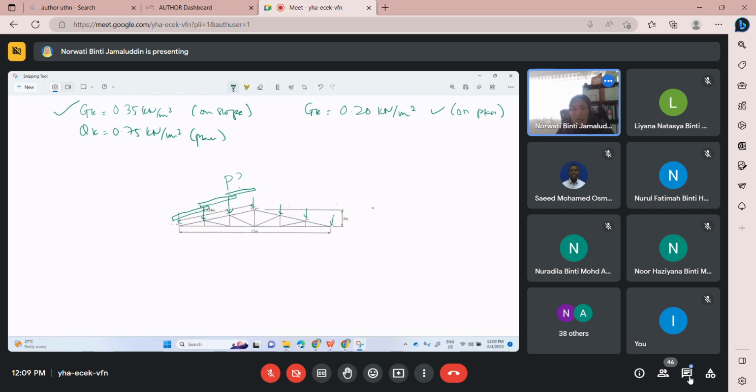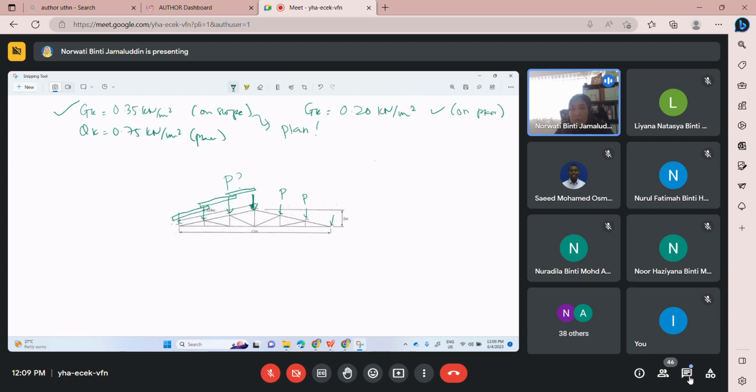Now in order to determine this value, the P here, we need to consider loading on plan only. Means that this one you need to convert to plan.